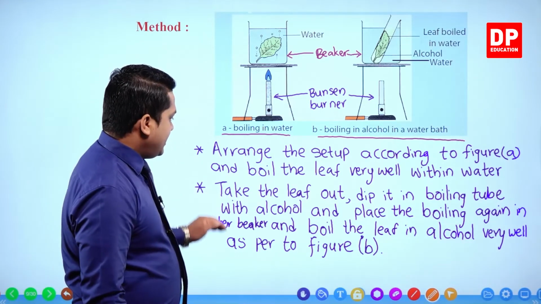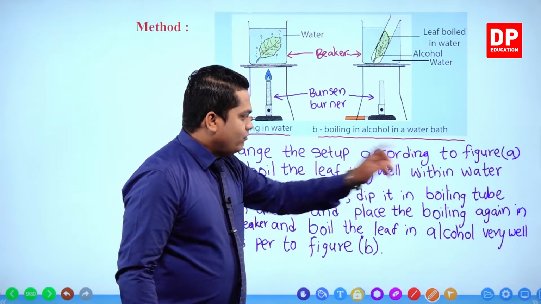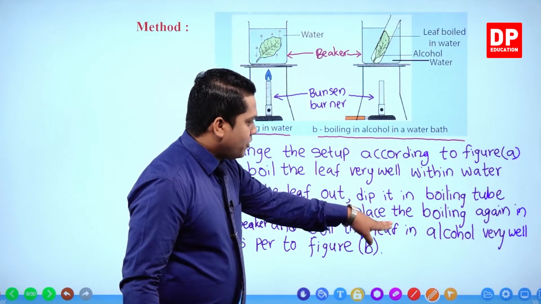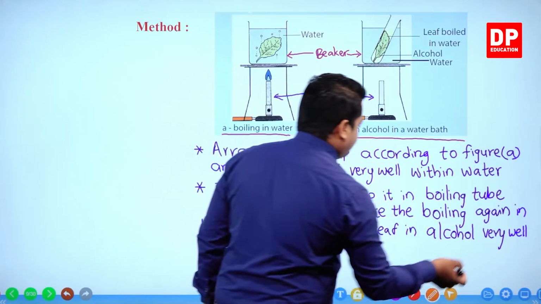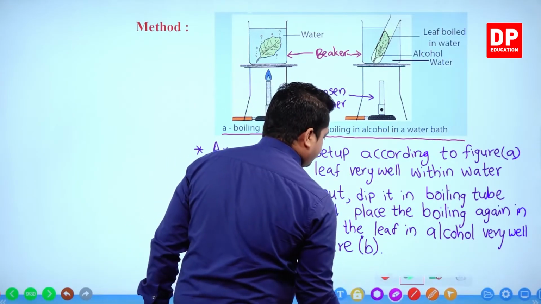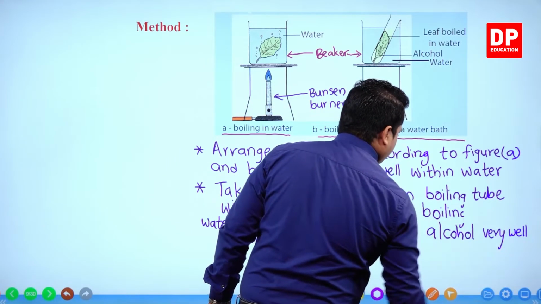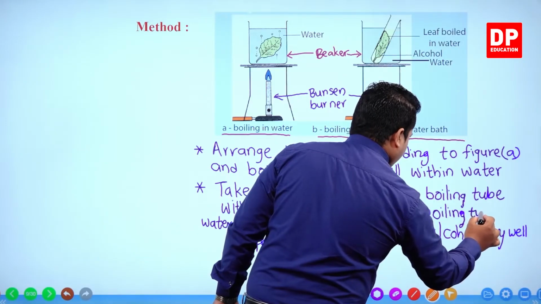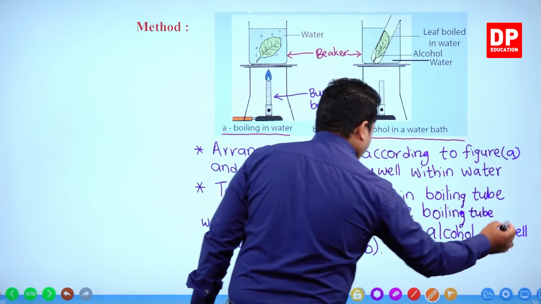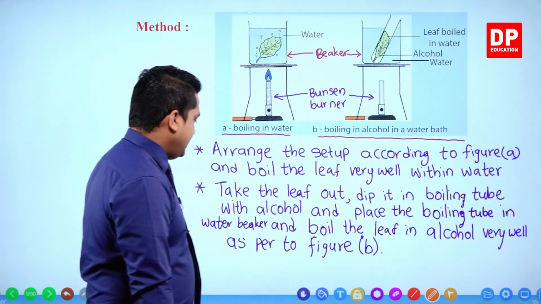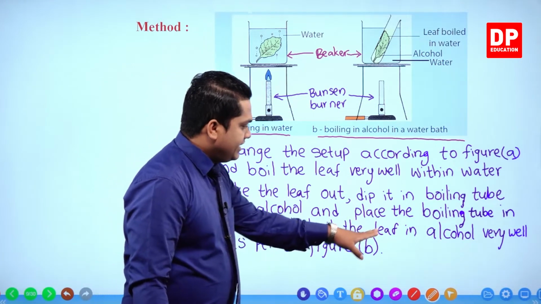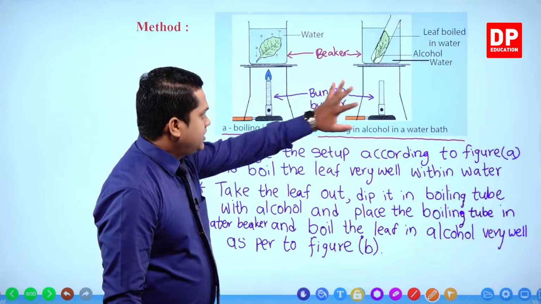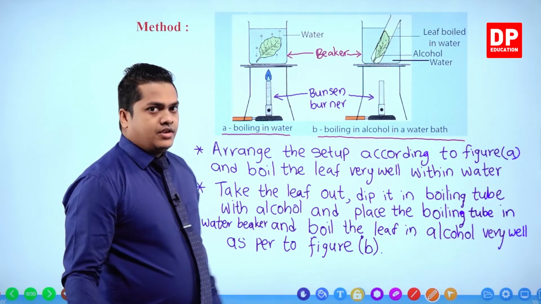Take the leaf out, dip it in boiling tube with alcohol and place the boiling tube in water beaker and boil the leaf in alcohol very well, as per figure B. Now this is figure B, this is figure A, right?